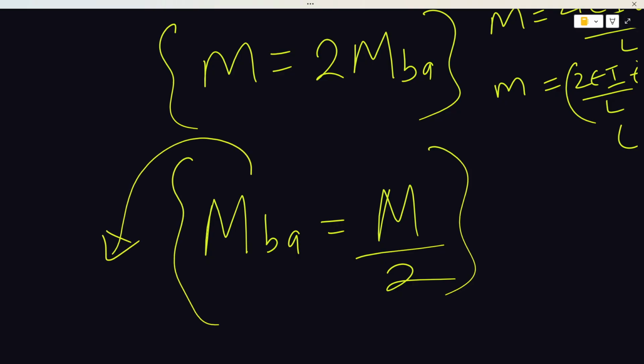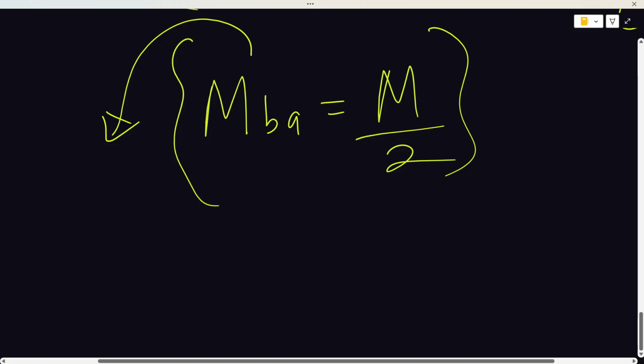We don't need the slope deflection method again, because we know that MBA, the moment at B considering member AB, can be gotten from the moment at A by just dividing the moment applied at A by 2. Simple, right?